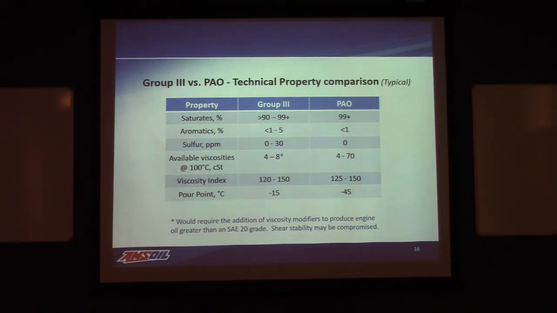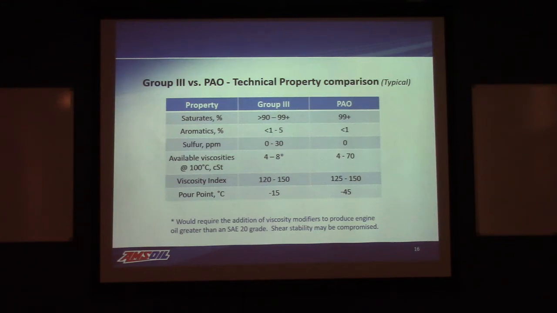The only thing is, if you take a look at a PAO, we can formulate these heavier oils without the need for that chemistry in it. So there can be certainly advantages because using a PAO would give you a much more shear stable product, something that's not likely to thin out as readily when exposed to shear stresses on there.